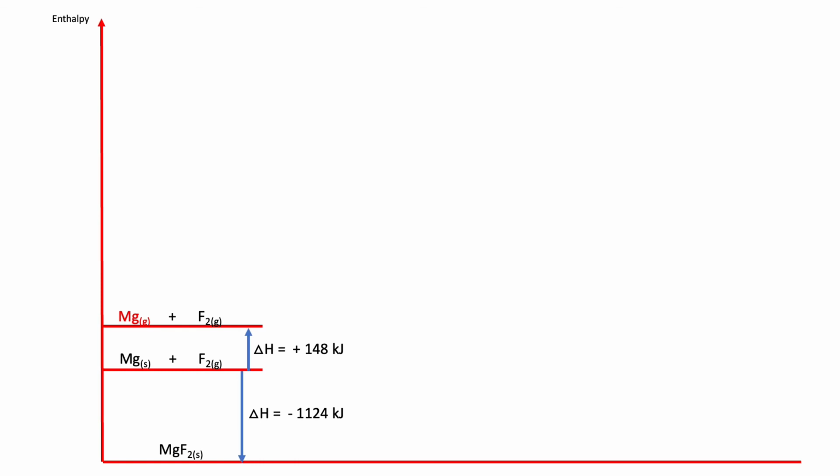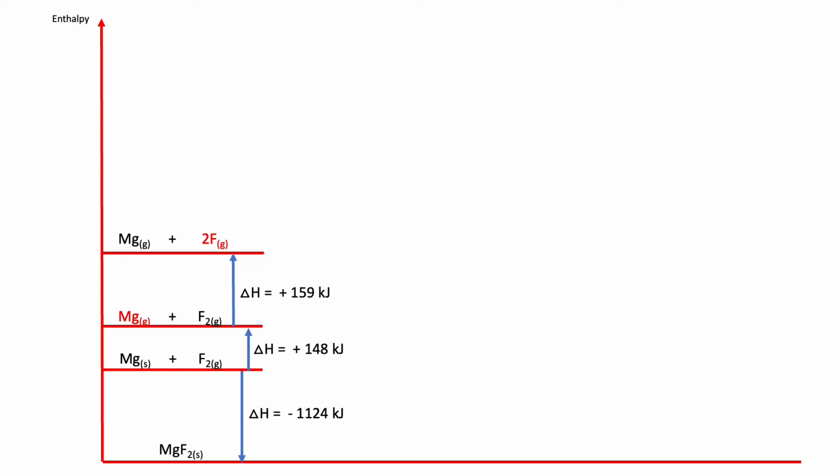Next, we have the enthalpy of atomization for fluorine. So from fluorine, it will become 2 moles of gaseous atom for fluorine. Now in the question, you are given enthalpy of atomization, which is positive 159 kilojoule.